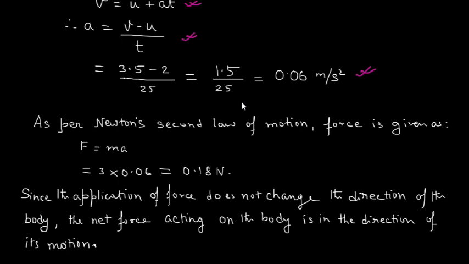Now, as per Newton's second law of motion, force is given by F is equal to ma. So putting the value of m and a, we get 3 into 0.06, which is equal to 0.18 Newton. Since the application of force does not change the direction of the body, the net force acting on the body is in the direction of its motion.